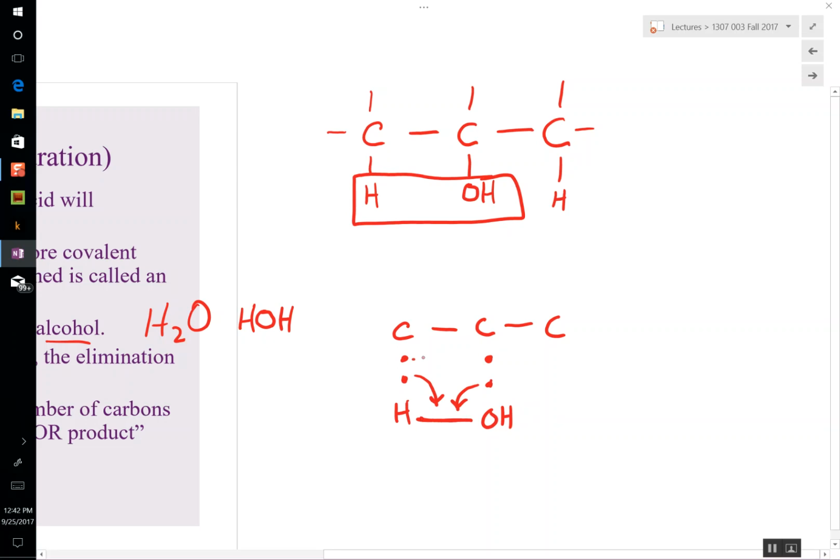That leaves 2 electrons behind, which move on up into here, which creates a double bond and water. That's the dehydration. This is what's happening.